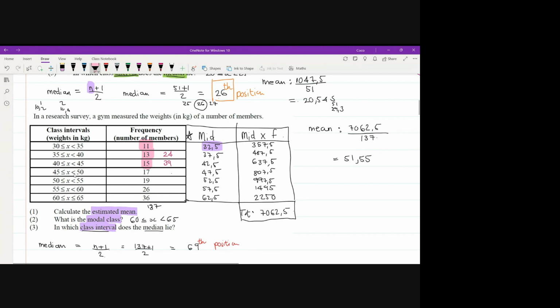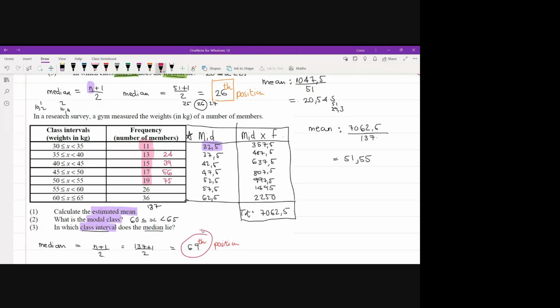Now we're going to keep going. And then we add 17 people. That's going to give us 56 people. Right, sorry, my OCD is kicking in. 56 people over here, right? And now we want the 69th person. So if I go to the next interval and I add the next 19 members, I'm going to get 66 plus 9 would give us 75, right? 75 people have been counted, and that's past the 69th person.